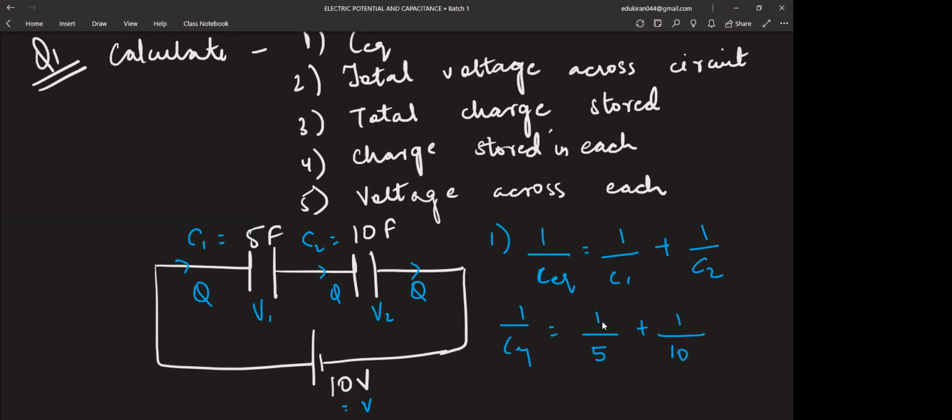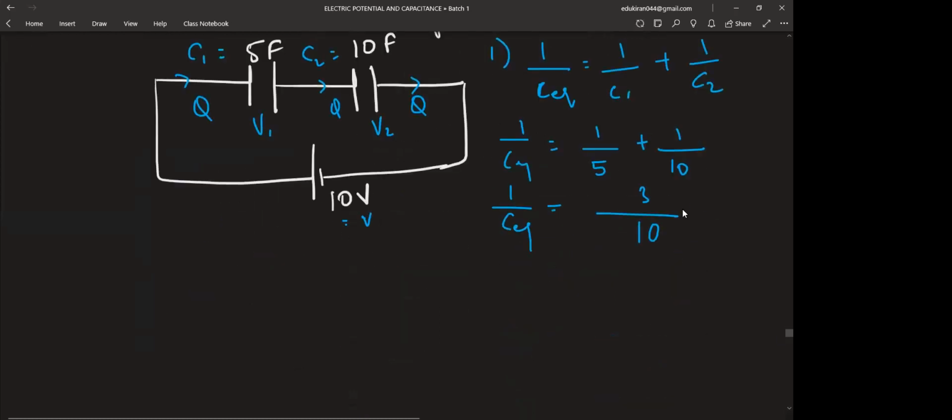LCM is 10, so this becomes 2 plus 1, 3 over 10. Now class, whenever you're solving this type of question, be careful to reciprocate it. Many students leave their answer at this step. No class, this is our 1 by C equivalent. We require C equivalent only, that is 10 by 3 farad. So this would be our answer for the first part.